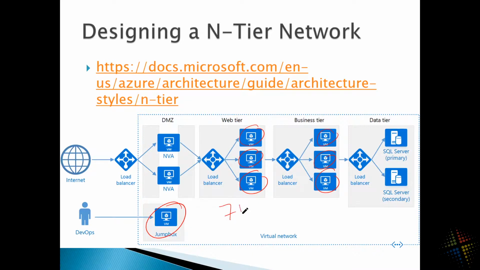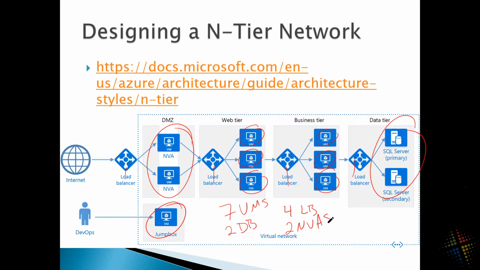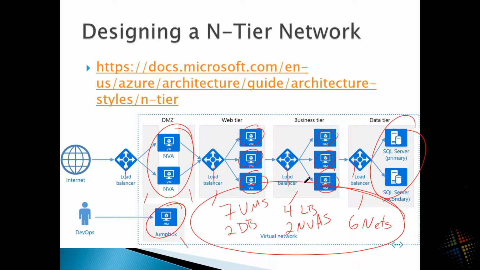So 7 VMs plus 2 databases, 4 load balancers, 2 NVAs, and 6 networks. I can codify all of these components into one script or one set of scripts.